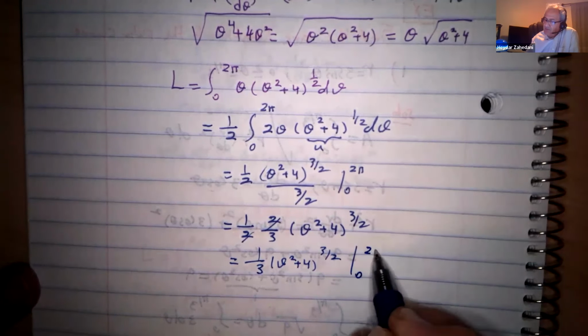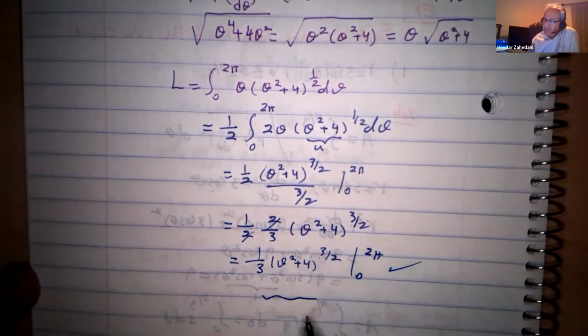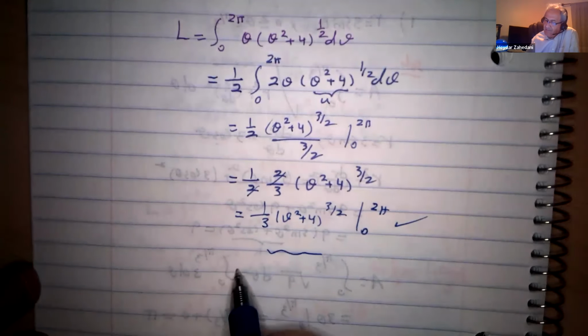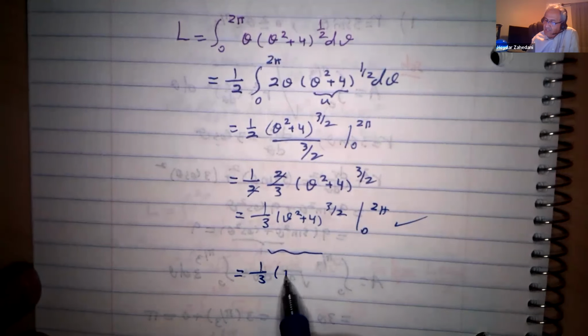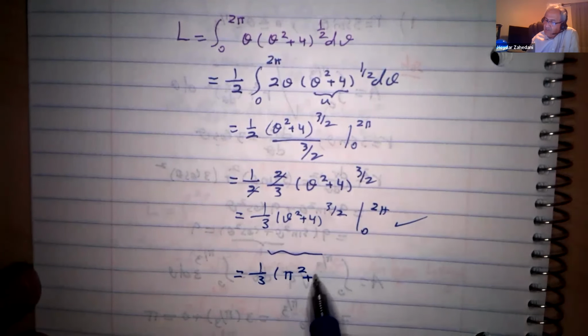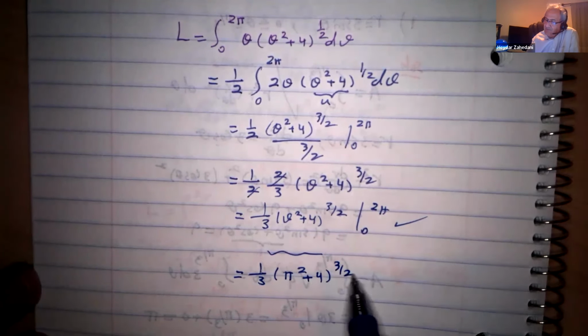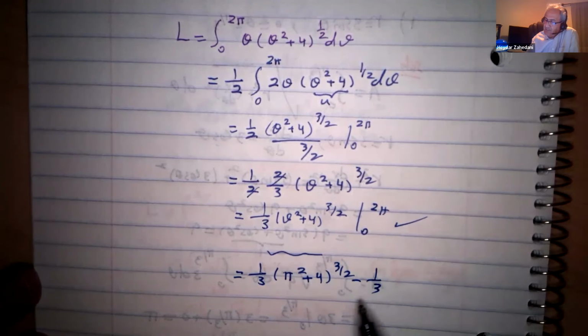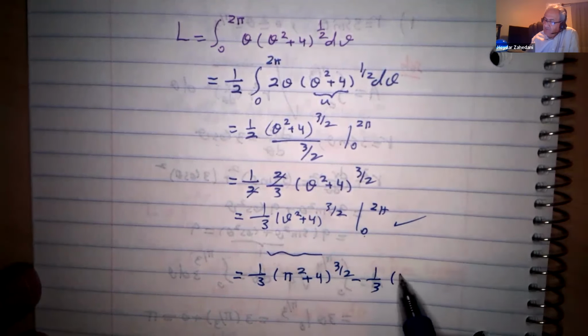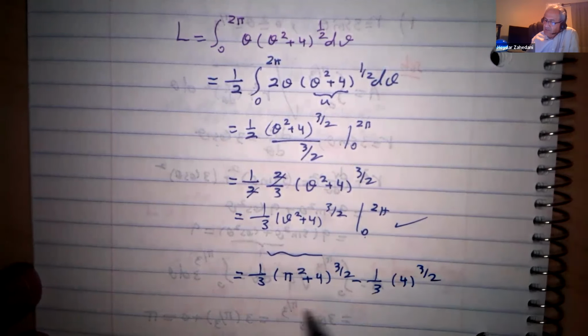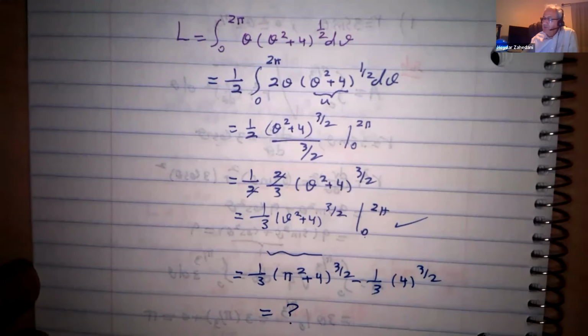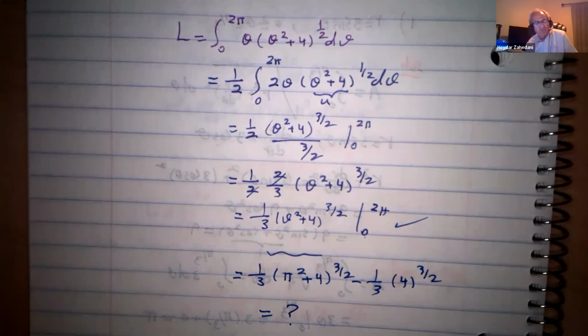You can use your calculator to find these numbers. So it's a 1/3 of 2 pi squared plus 4 to the 3/2, minus 1/3 times 0 plus 4, that gives you 4 to the 3/2. So we can use the calculator to find these two numbers. That's it. That would be enough.